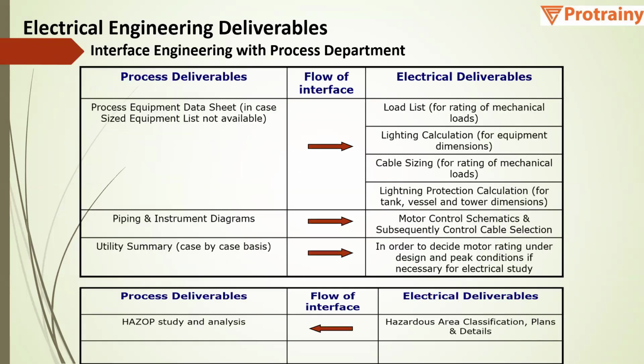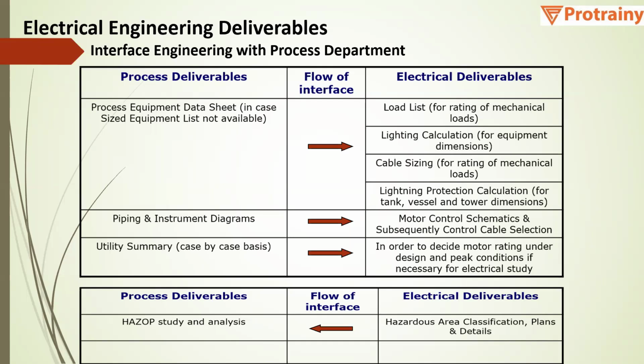So this is the interface with other disciplines. With process, we will be getting the process equipment data sheet, and based on that the equipment list will be prepared, and then the load list of the mechanical equipment and other equipment will be known. Then lighting calculation, cable sizing calculation, and lightning protection calculation will all be based on the process equipment data sheet.